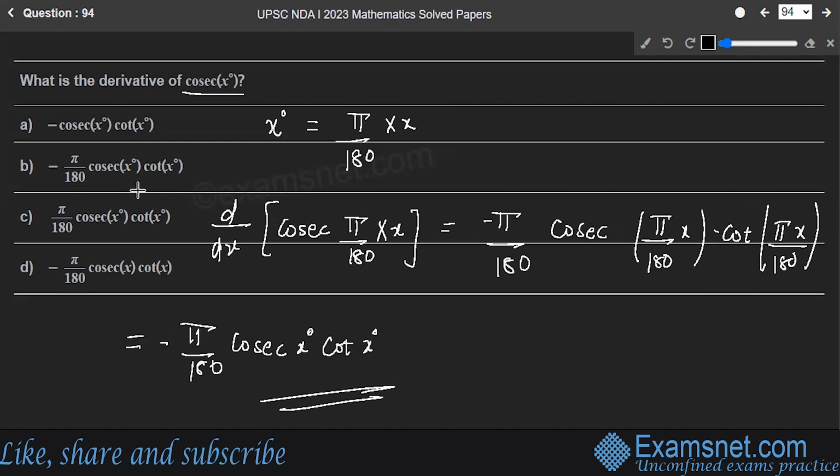That is option B. So this is the correct answer. It was a very easy question. The trick was, first you had to convert the degrees into radians and then find the derivative and then do the back conversion.